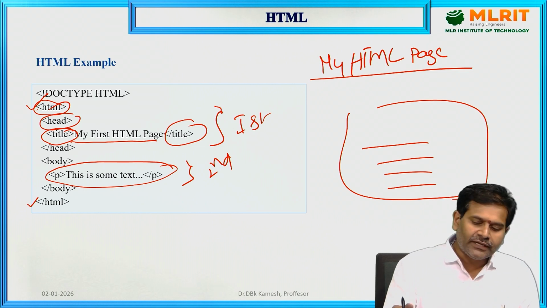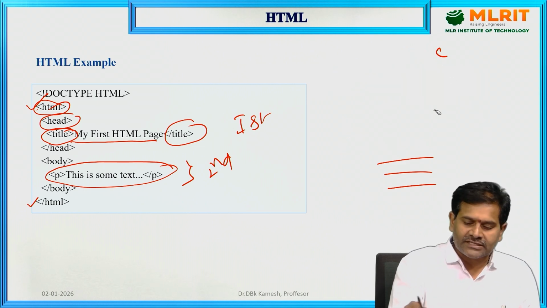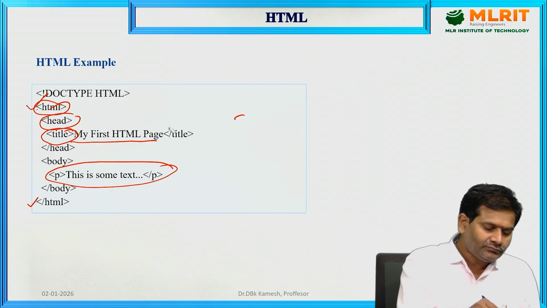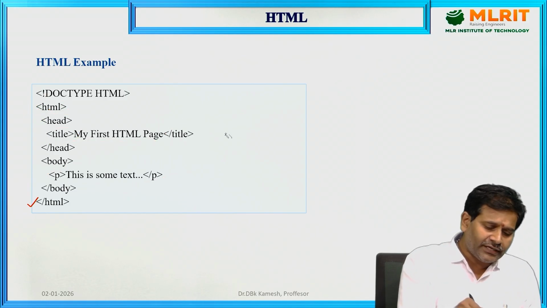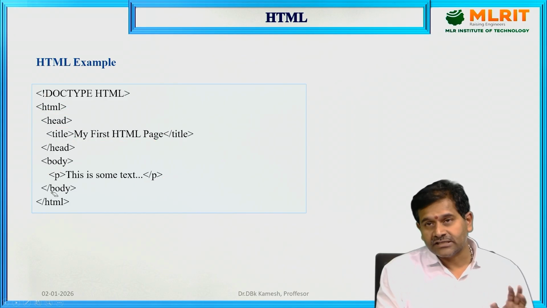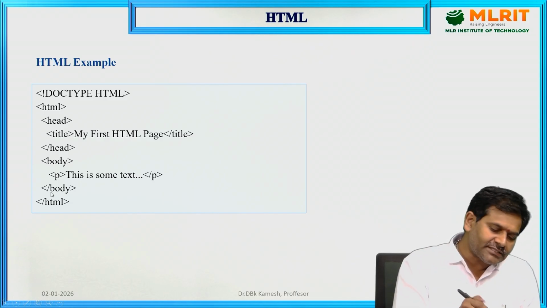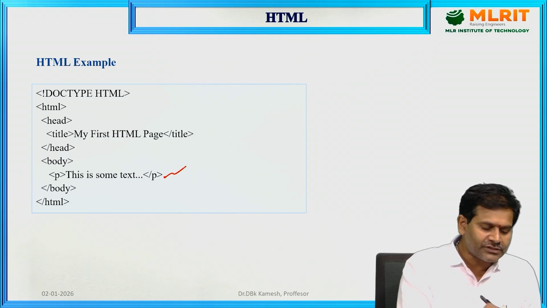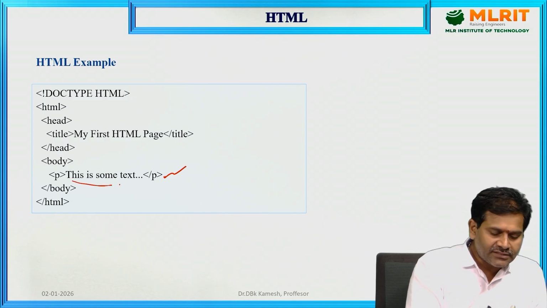This is just a sample web page, called an HTML example. What is P? This is called a paragraph. Here we use the paragraph, like some text.